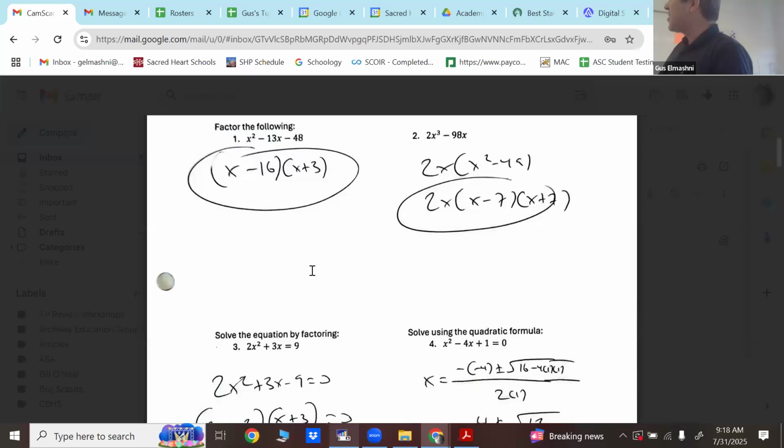I think most of you got this one factored correctly. Just find two numbers that multiply to -48 and add to -13, so -16 and 3. So that should be fine. Any questions there? No.